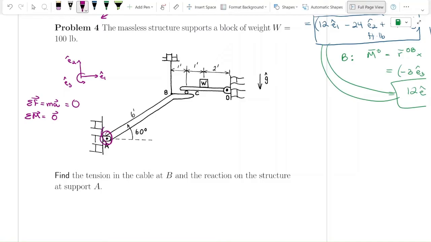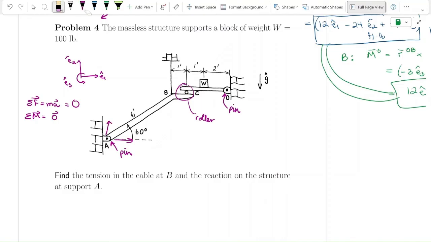So this pin here. Let's identify some things in the problem. This is a pin. This is also a pin, because they're usually identified by something like this. You will learn this more in 204. And then this is a roller. The properties of a pin are that they exert a force in some direction, which you can decompose into two reaction forces: one in the E1 hat direction and one in the E2 hat direction.